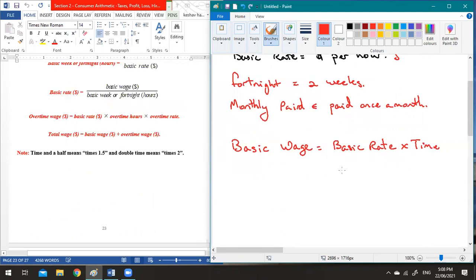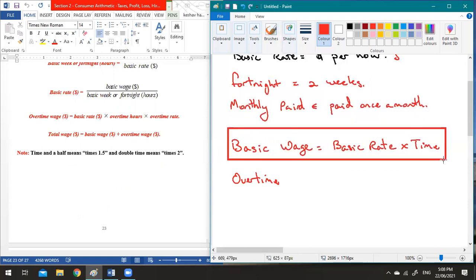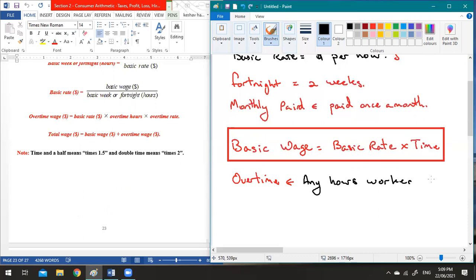Now we have something called overtime. Overtime is any hours worked past the basic time.